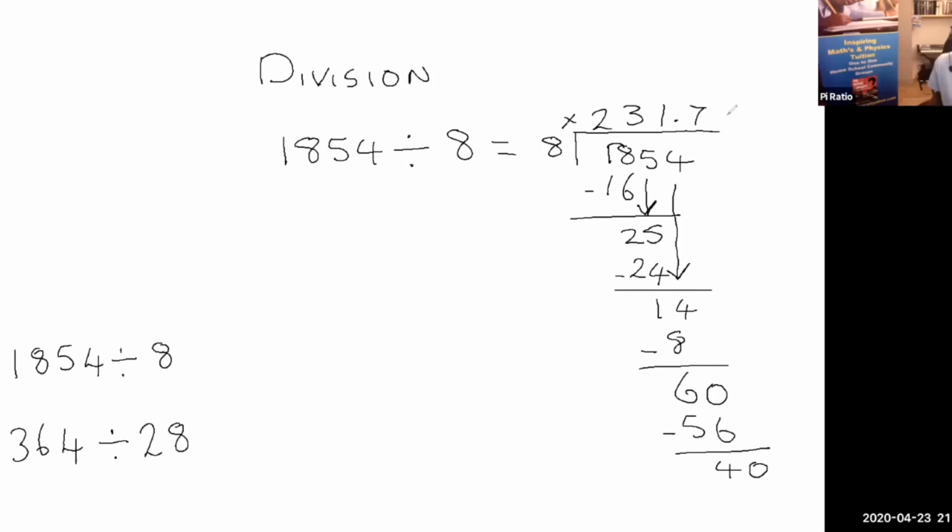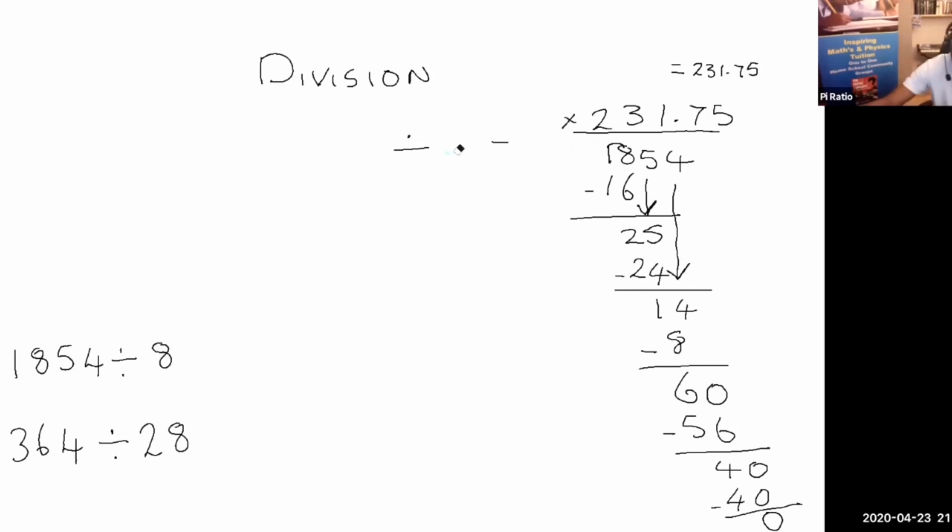Any numbers after the decimal point is not a whole number, so you can add a 0 every time you leave one. 8 into 40 goes 5. 5 times 8 is 40. That leaves you with 0. So your answer is 231.75. It doesn't really matter how many numbers you have. The process is exactly the same.